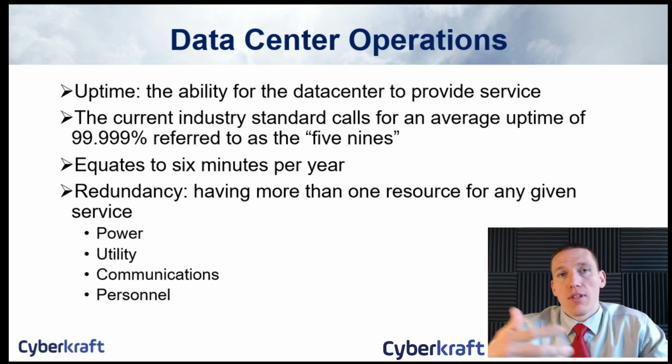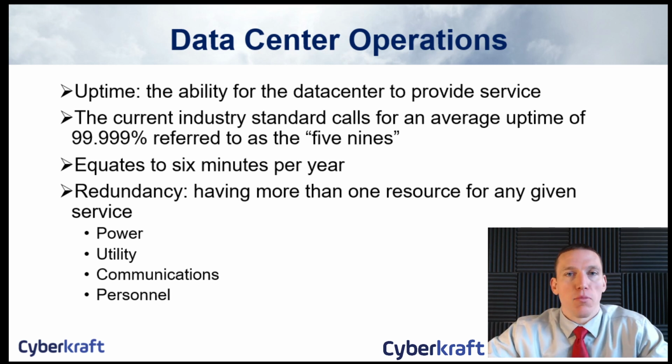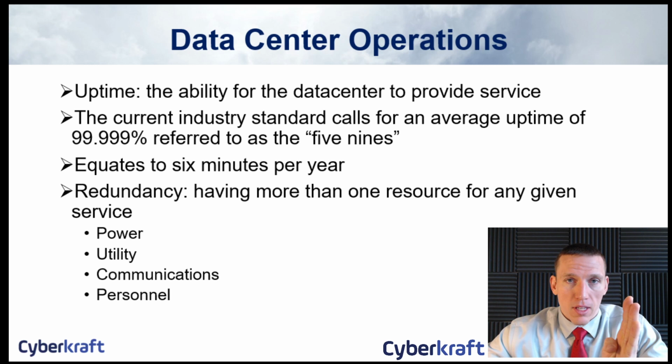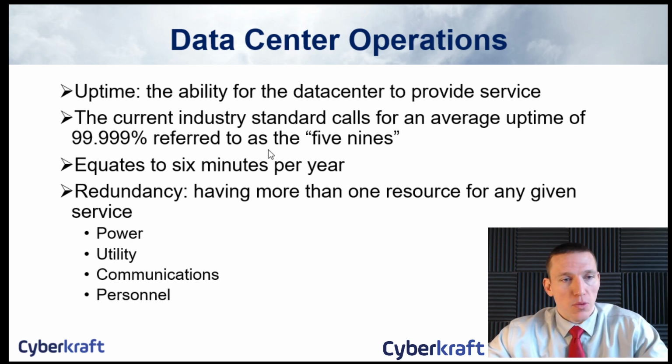Any other uptime classifications are usually measured in 0.99 or 0.999, and those would be known as 2 nines, 3 nines, or 4 nines, etc. So 5 nines would be 99.999, and the number of nines is the fraction of a percentage point after the decimal place. So we're talking about the section here. This is 3 nines right here.